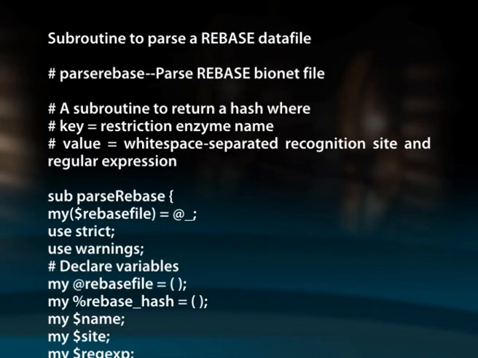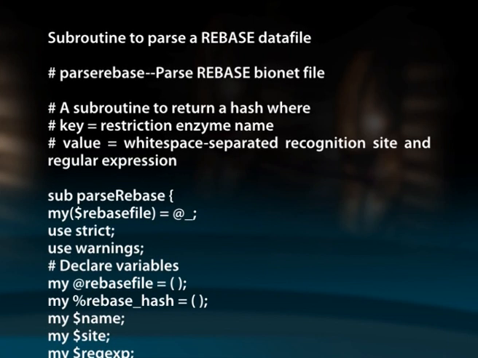The given example program shows this method. Here is a subroutine to parse a Rebase data file. It is given the name parse rebase, which is a subroutine to return a hash where the key equals the restriction enzyme name and the value equals the white space separated recognition site and regular expression. The subroutine will go like this.